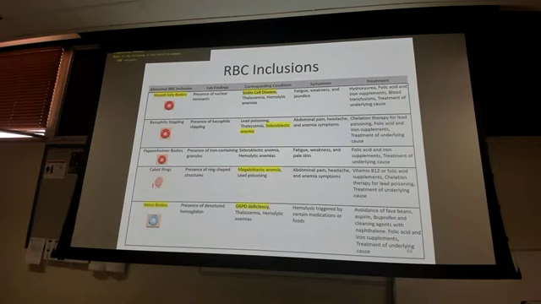Basophilic stippling is seen in lead poisoning and thalassemia. Pappenheimer bodies are found in sideroblastic anemia and hemolytic anemias. Cabot rings are found in megaloblastic anemia, and Heinz bodies are found in G6PD deficiency. Howell-Jolly bodies are really important, and G6PD Heinz bodies are really important.